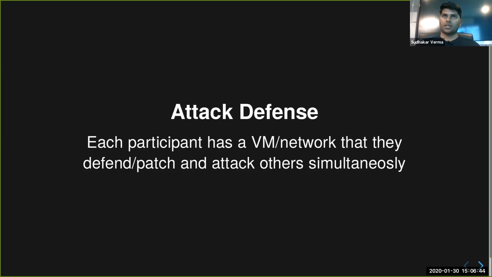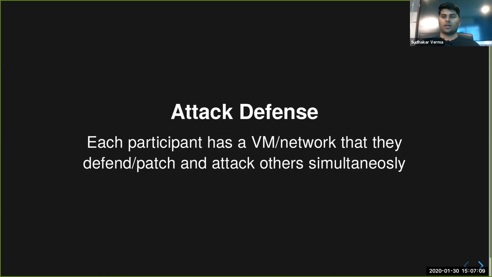The next is attack defense CTF. In attack defense CTFs, every team might have a VM or a network that they are allowed to administer. While administering that VM, it might have certain buggy programs running on it. You have to attack the other teams' networks or VMs and simultaneously patch your own services so that you are not getting attacked.